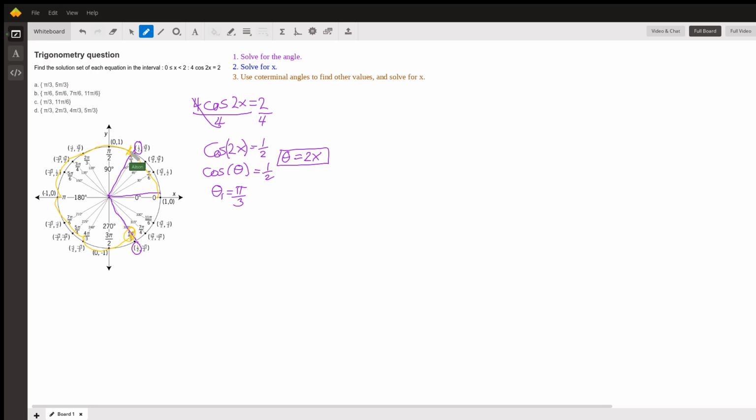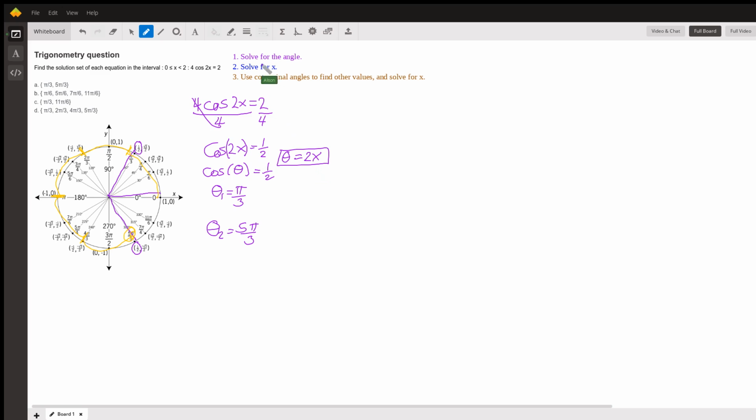If you cut this up like a pizza pie at 60-degree increments, and then count in radians, we have a second solution of 5 pi/3. So theta1 is pi/3, theta2 is 5 pi/3.